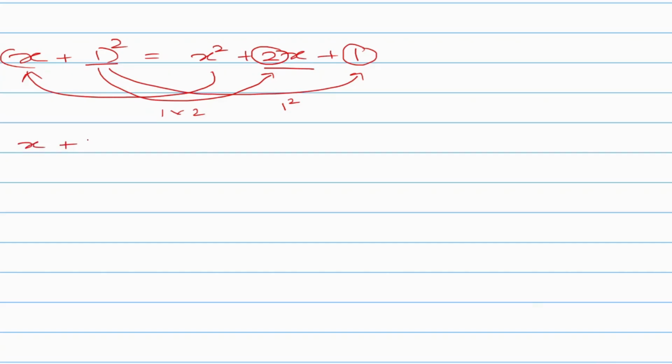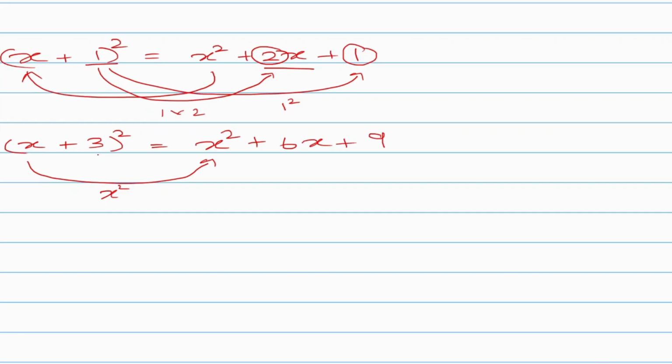x plus 3 squared. So that is equal to, when you expand it, x squared plus 6x plus 9. So let us see that trend again. Just as I showed you before, x was just squared to get x squared.